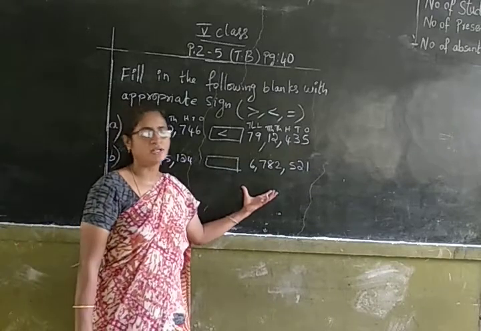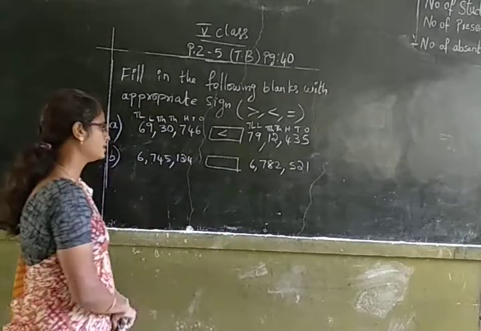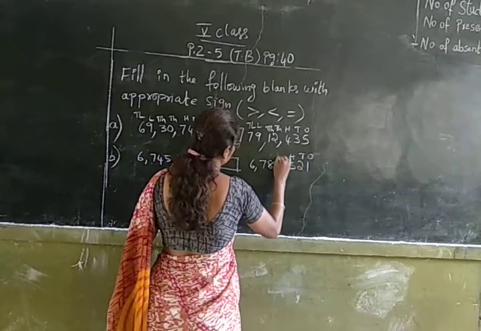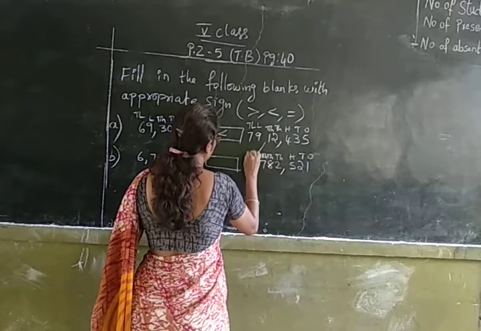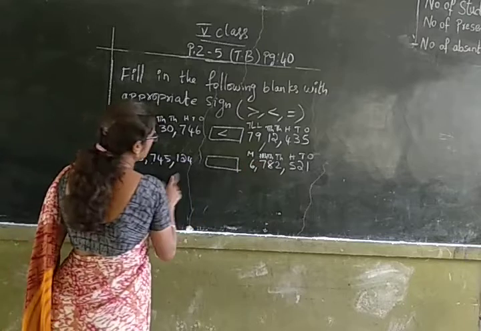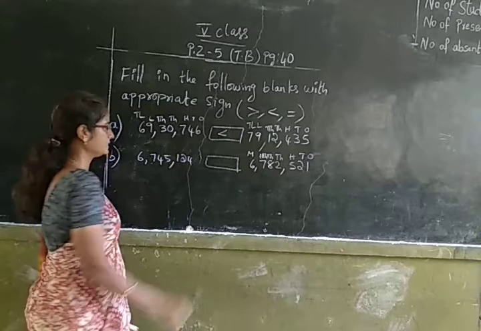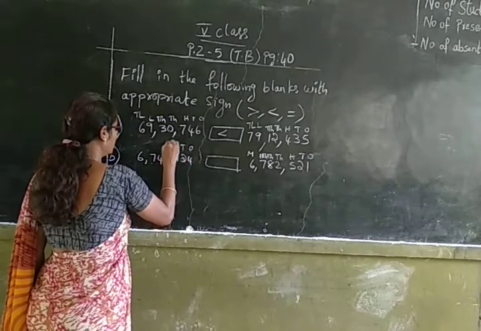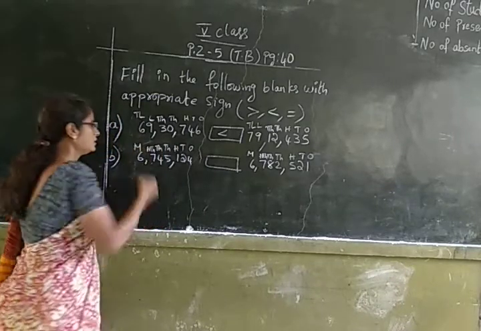These two numbers are having same number of digits. So let us compare these numbers at their highest places. Both numbers are in international system, so I am writing the places of international system: ones, tens, hundreds, thousands, 10,000s, 100,000s, millions.